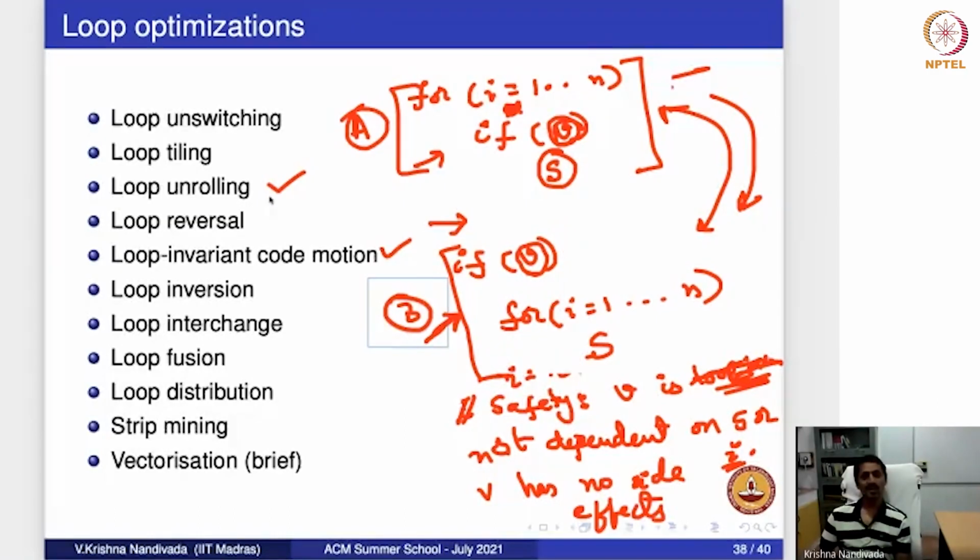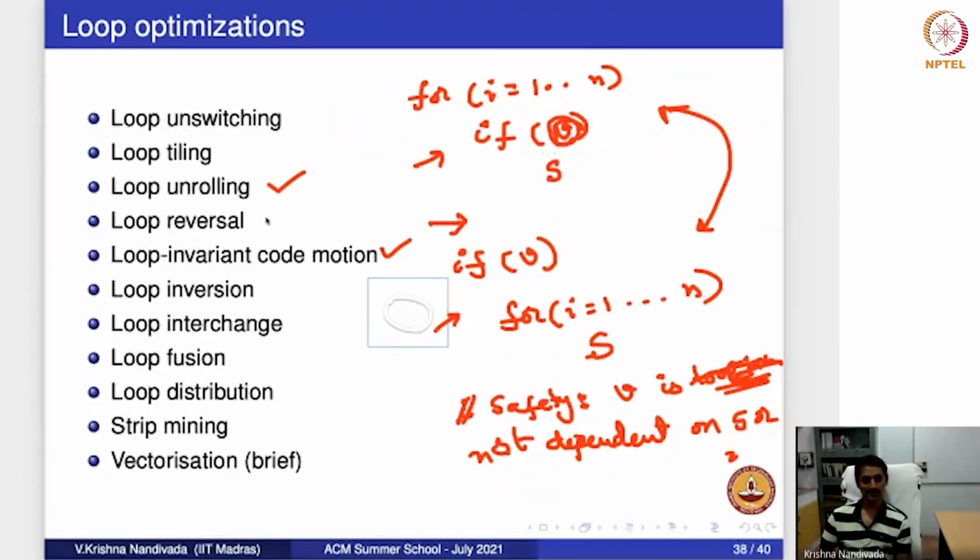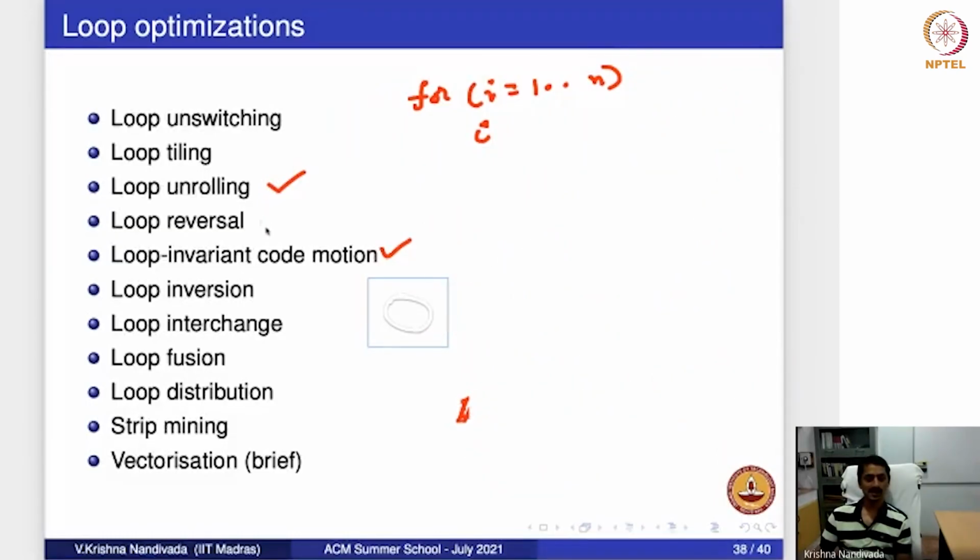So we looked at loop unswitching. We will look at one more optimization called loop tiling.